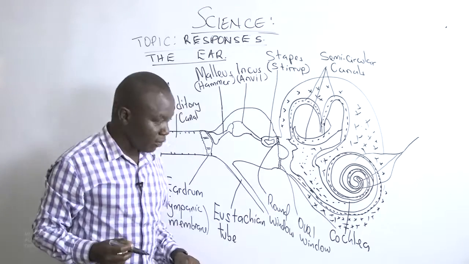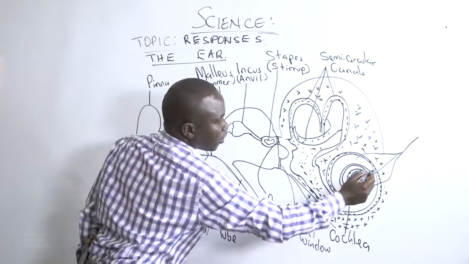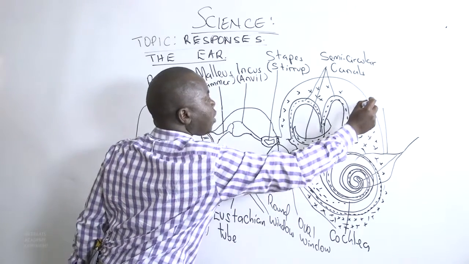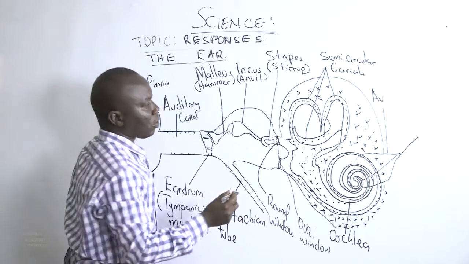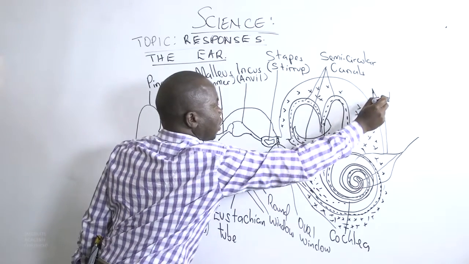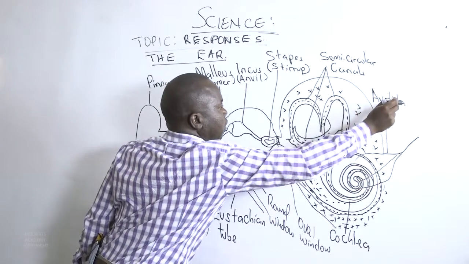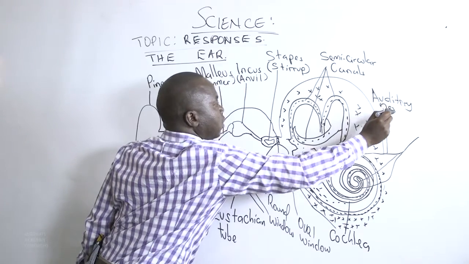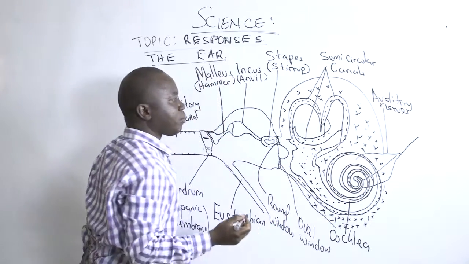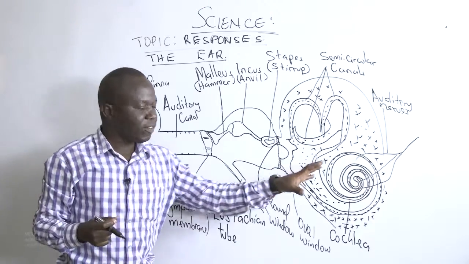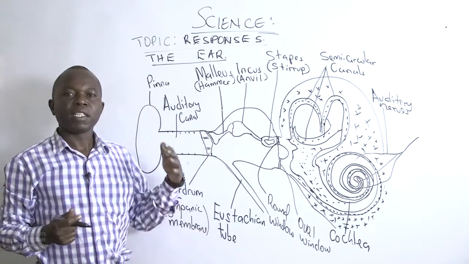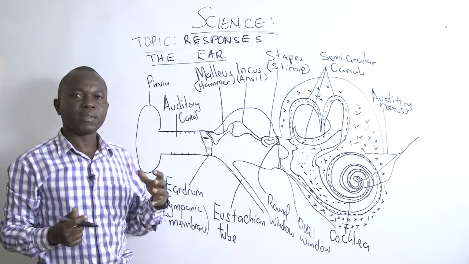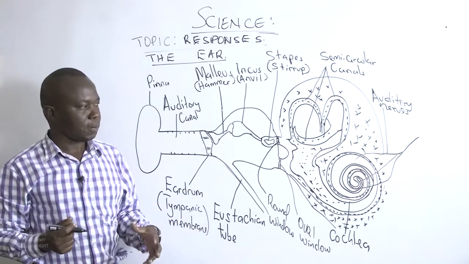And then we have a nerve that takes those nerve impulses to the brain for interpretation. We call those nerves auditory nerves. They are very important because after stimulation of the sensory cells in the ear, that information must be taken to the brain for interpretation.